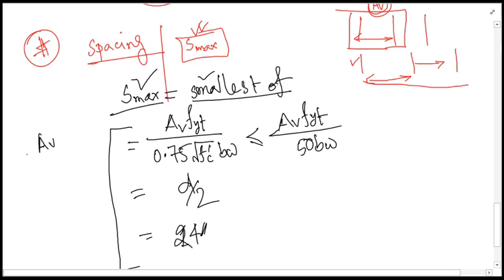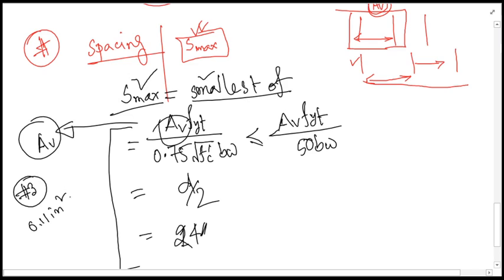area Av, as you know, that is used here. If it is a number 3 bar, then the area of a number 3 bar is 0.11 inch square. But in this case, for shear reinforcement, you will be using this multiplied by 2. You know why?